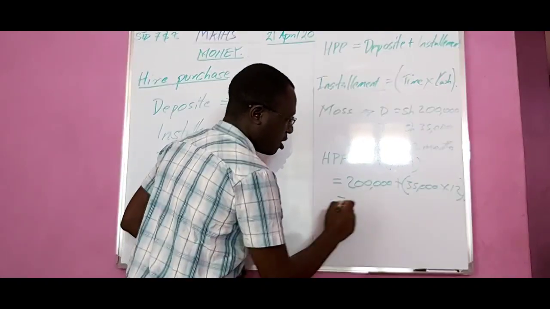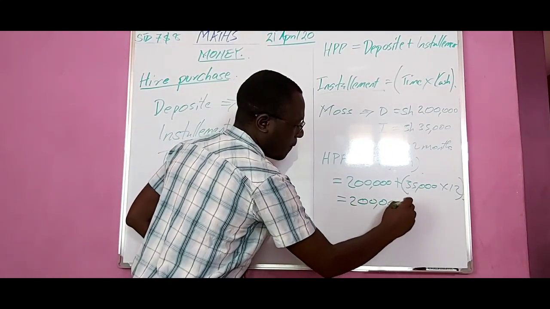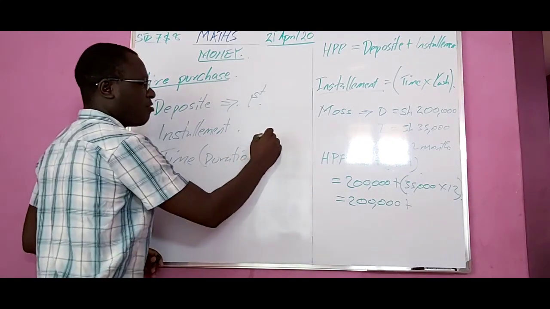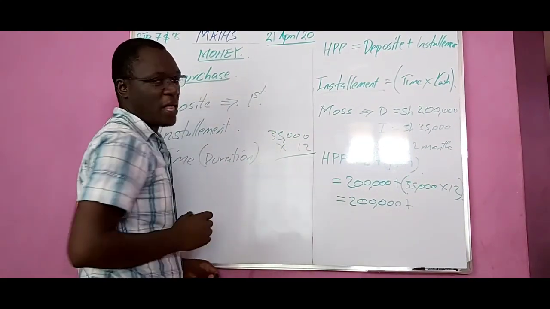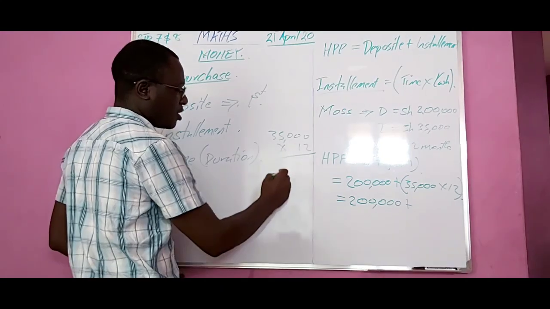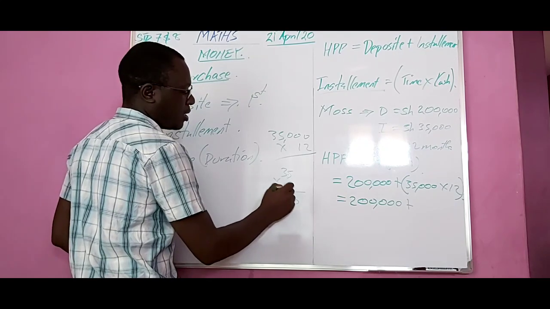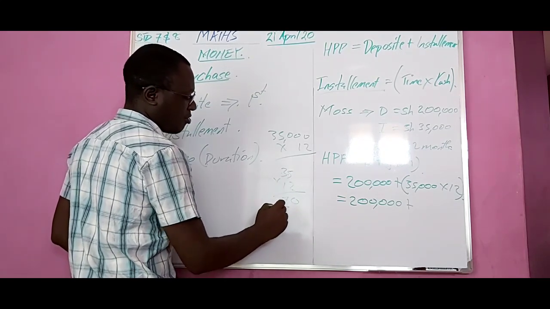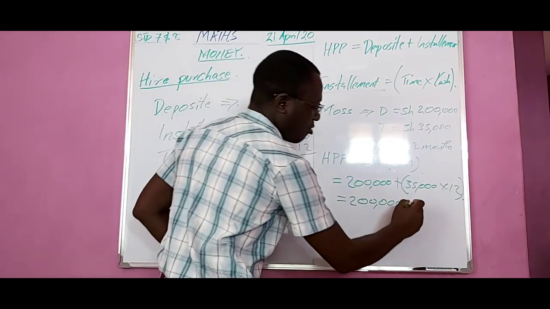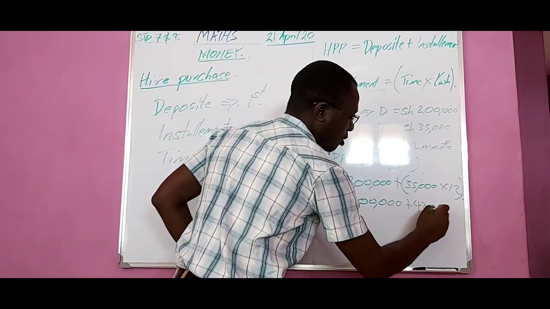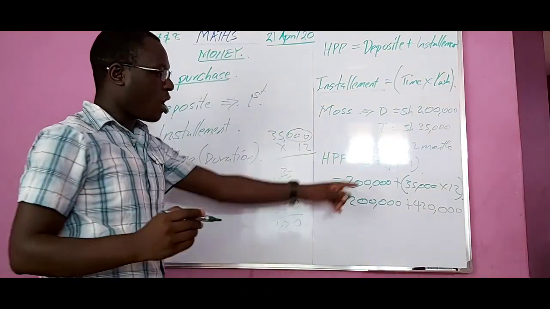This is 200,000 plus 35,000 times 12 months. Ignore the zeros, so it's 35 times 12, that is 420. We return the three zeros: 420,000.